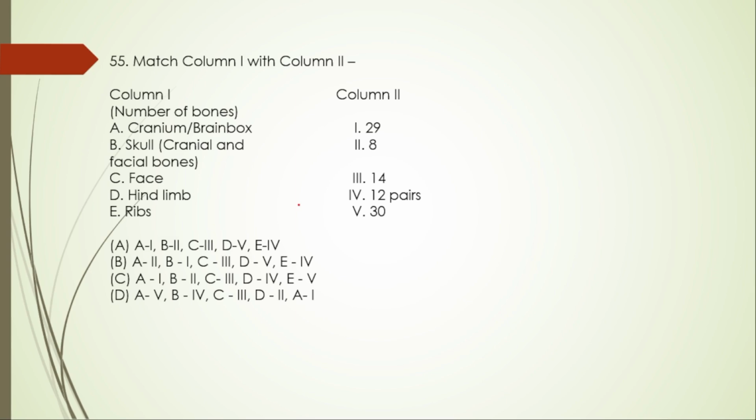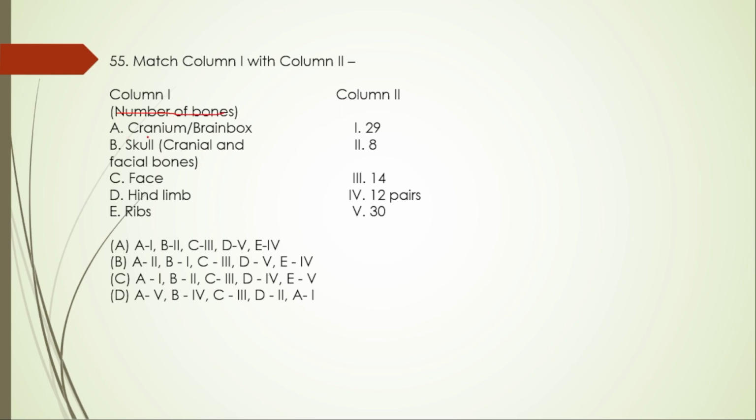55th question, match the following, column 1 with column 2. Number of bones is given. First one, that is cranium or else brain box. How many bones is it? Number of bones should be this one, not here, this one.